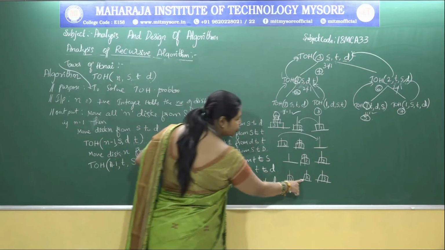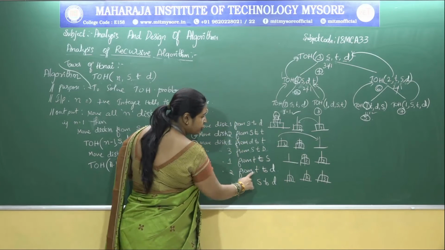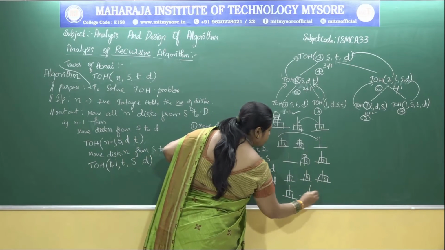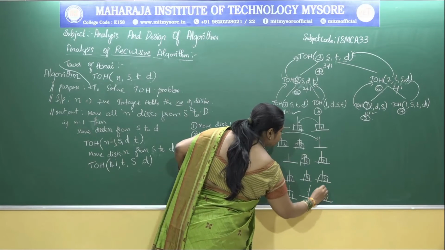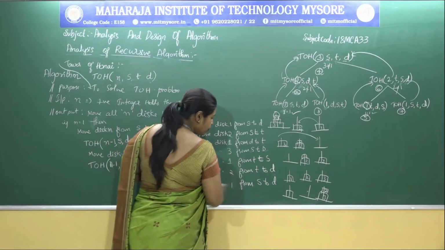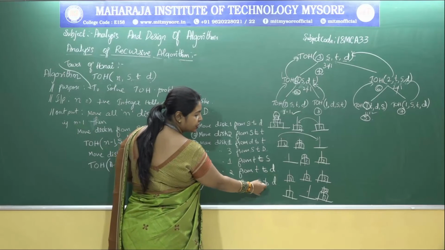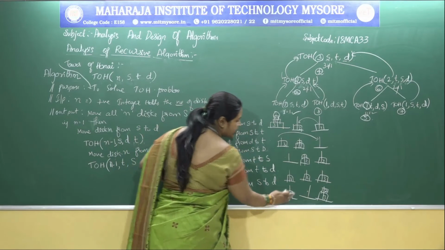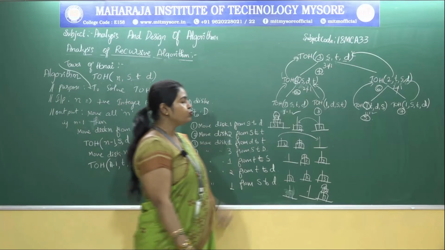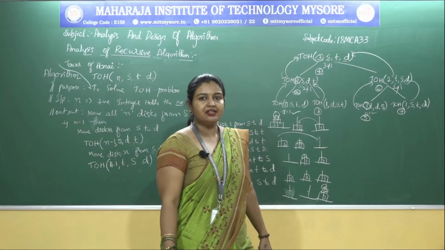Now, move disk 2 from temporary to destination. That is 1. On top of 3 we can place 2. That is correct only. And now the remaining is disk 1 from where to where? Source to destination. So we can move this from source to destination. So the moves whatever we have used, that is correct.